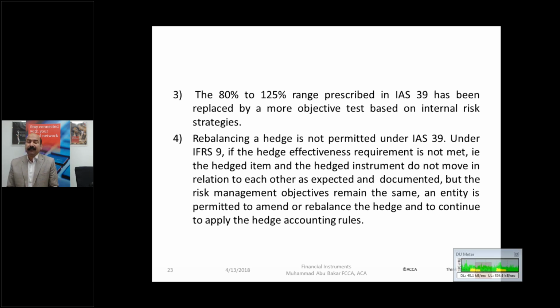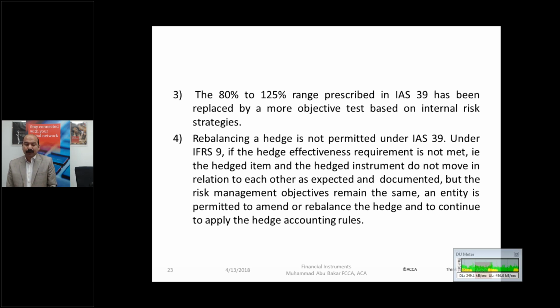Economic relationship means the prices of both move more or less in the same direction, and there is not much difference in their movement, but the guidelines are not prescriptive. I mean, you yourself have to decide whether it is effective or not.